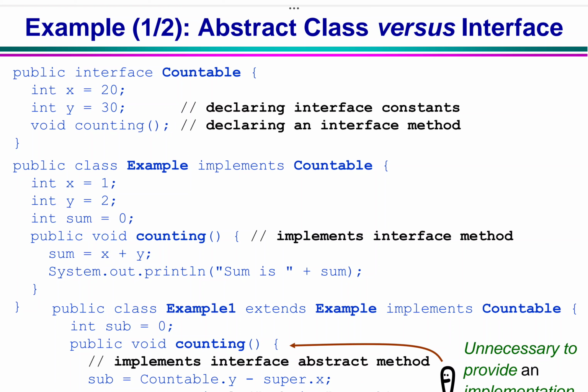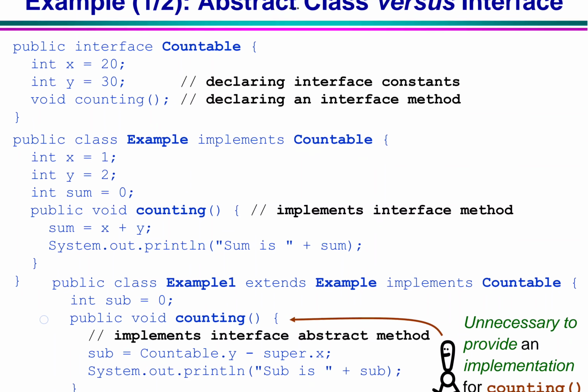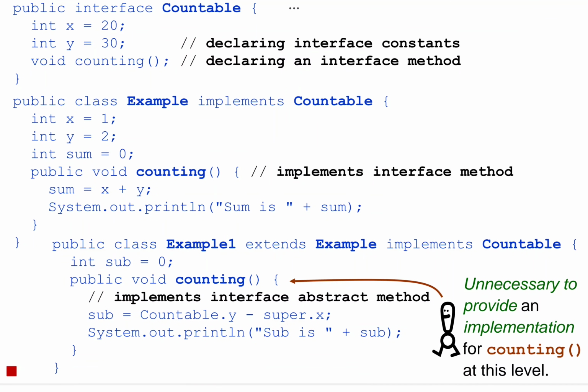While computing, we should implement it. Public Example1 extends Example implements Countable, and provides a void counting. It is unnecessary to provide an implementation for count at this level. It implements the interface's abstract method.